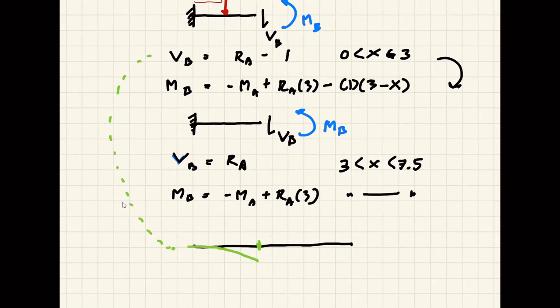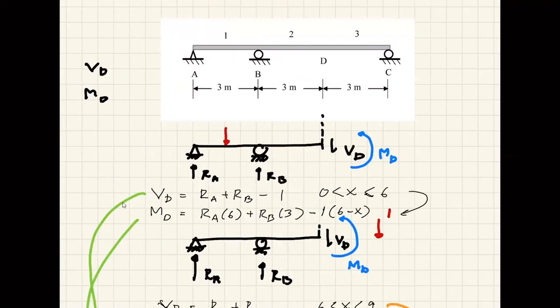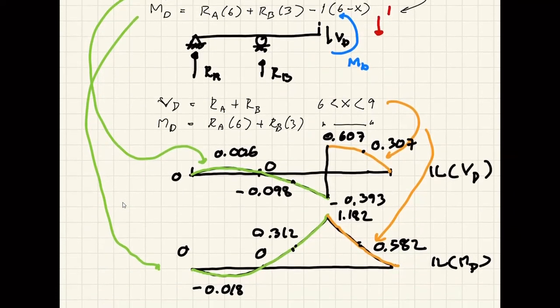And the values are minus 0.086. And in fact, I should say this is equal to, because we have two values, right? I should go back and fix this a little bit, because we have two values here.